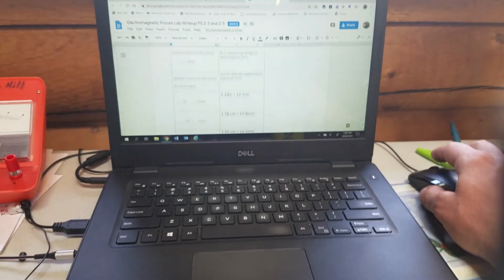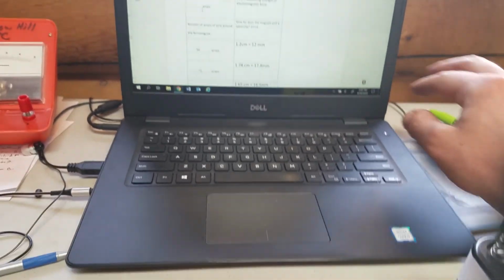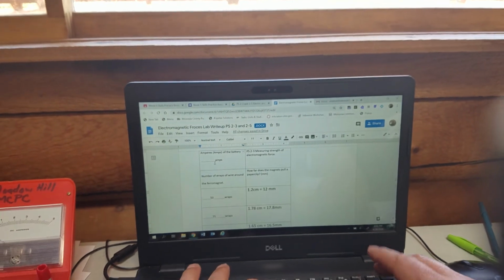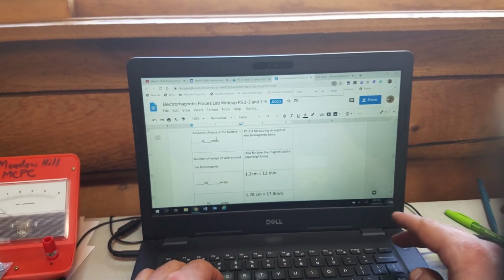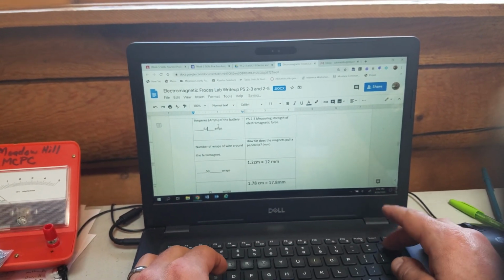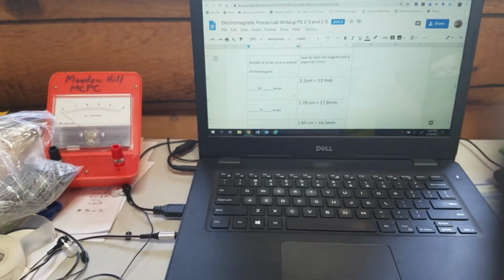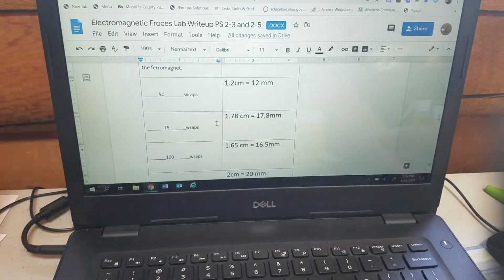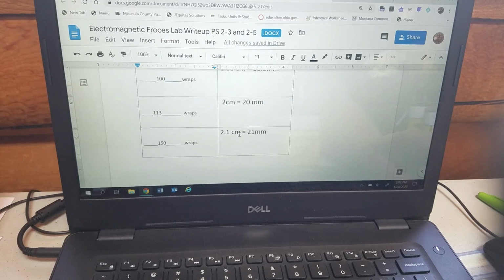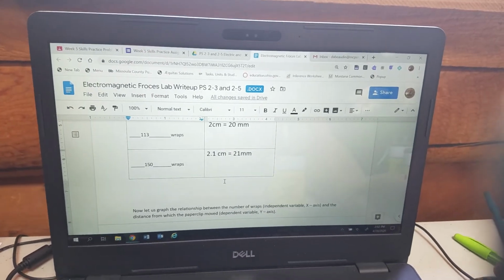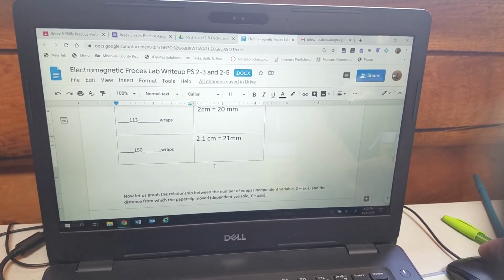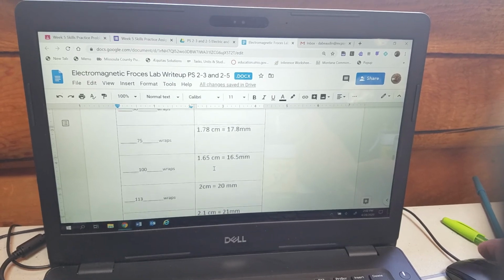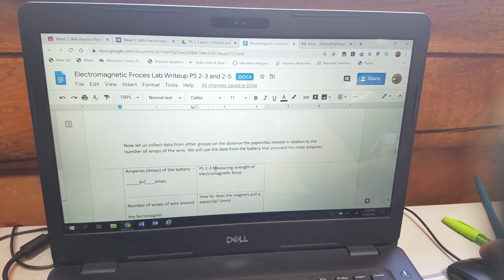But in this table, what we've noticed here with 6 plus amps, if you change the number of wraps of wire, what we noticed is the distance it pulls it from increases, which supports the claim that the magnetic field has increased due to the change of the number of wraps of wire, which you learned about that impact.